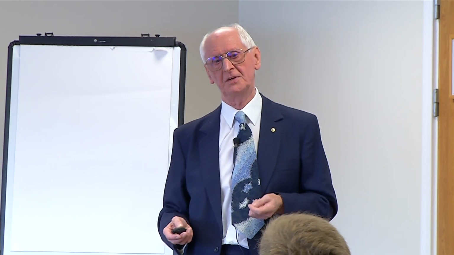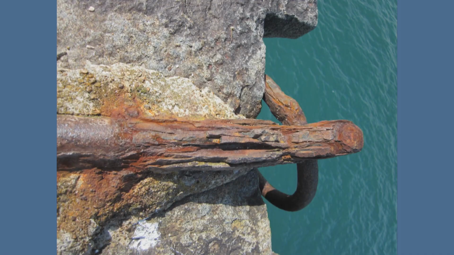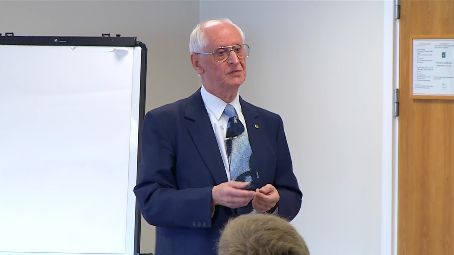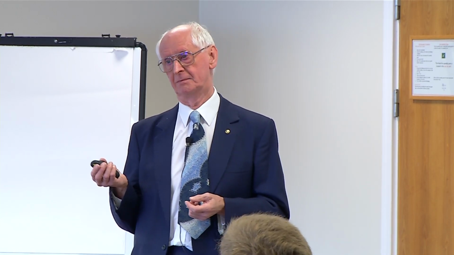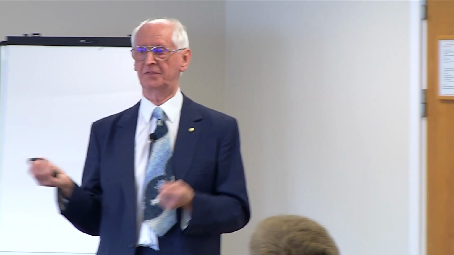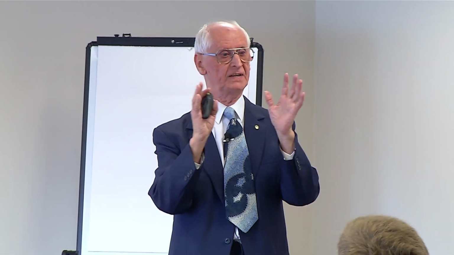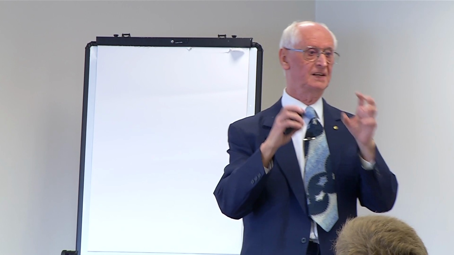One of the other things which is very strange is longitudinal cracking. Now I've seen quite a few examples of this. This one here is actually a ring used for tying up ships at the quayside. But you'll notice that the steel has got all these longitudinal cracks in it. I have spent an awful lot of time trying to find out why. Because like the previous photograph, it should corrode from the outside in, albeit with some pitting.